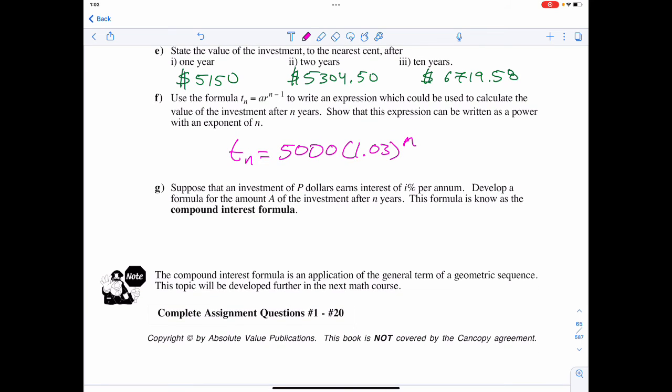If it says, suppose an investment of P dollars earns i interest per annum, develop a formula for the amount A of the investment after n years, then I'm going to say that my r value would be 1 plus i over 100 because it's a percentage.